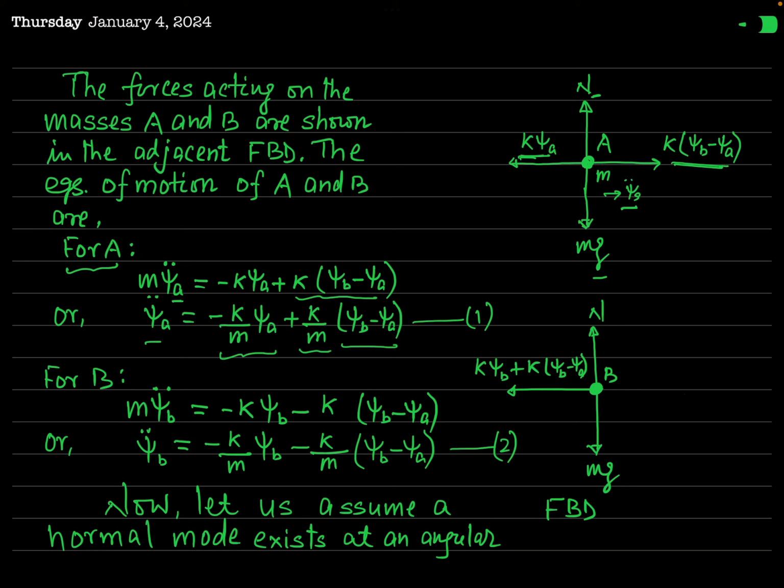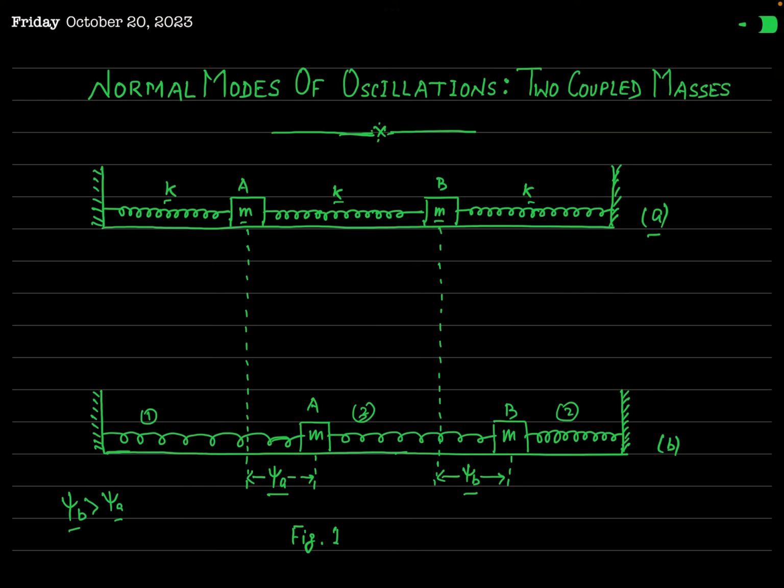Now let us see what will be the forces acting on this block B. One of the forces will be due to this spring number 3. As this spring has been elongated by psi B, it will exert a force k times psi B on the block B in the leftward direction.